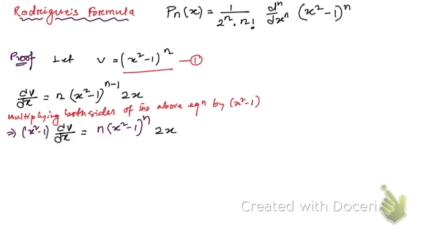From equation number 1, this part can be replaced by v. Then this equation becomes of this form: (x square minus 1) times the derivative of v with respect to x is equal to n v into twice x, or you can write it this way, 2 n v x.